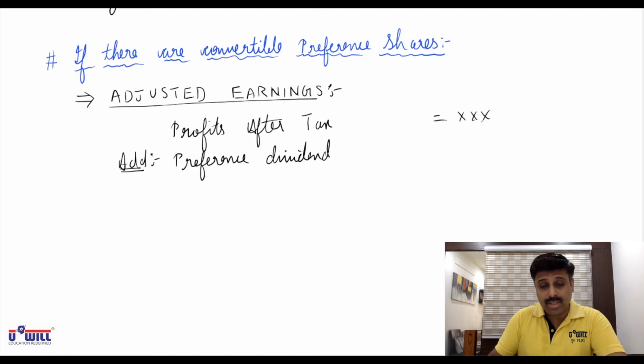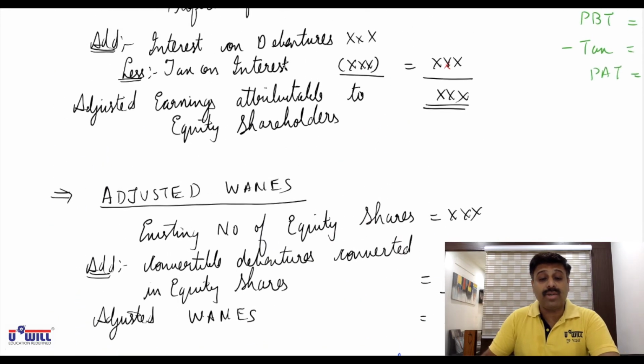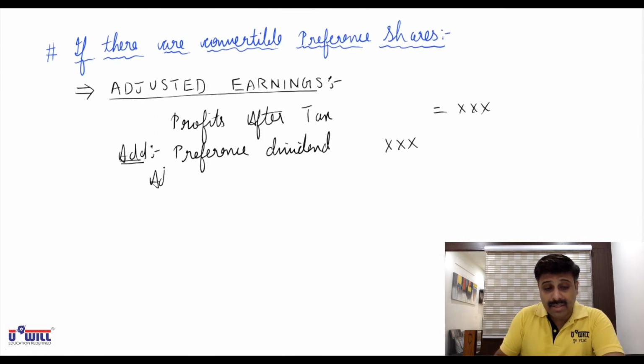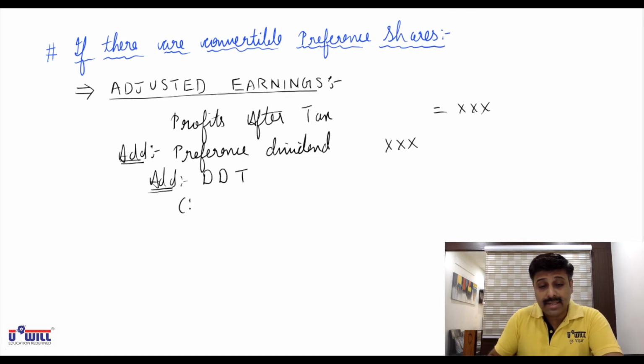But there is one change. When we added interest on debentures, we subtracted its interest tax, means we subtracted the tax on its interest. But here we will not subtract, we will further add the dividend distribution tax. Okay, what is this DDT?